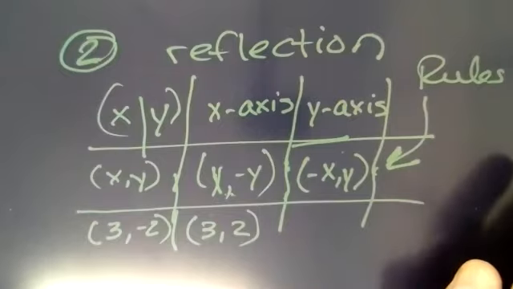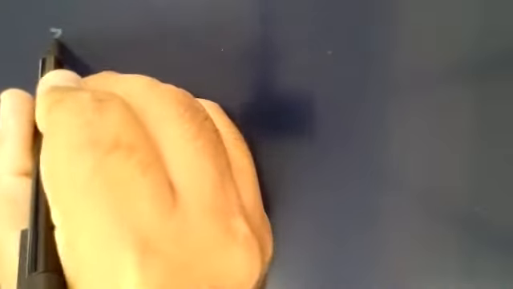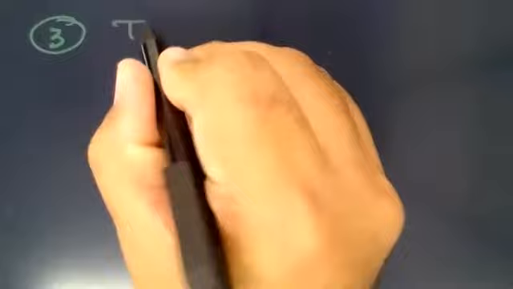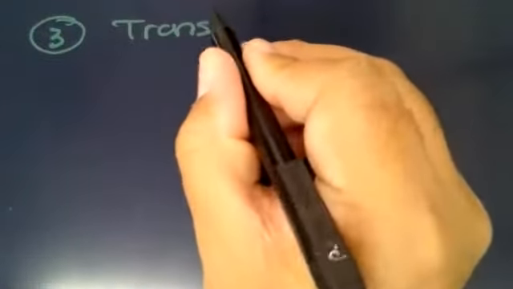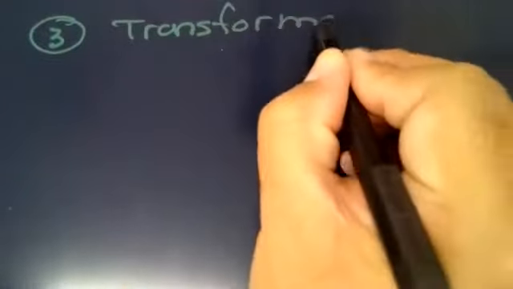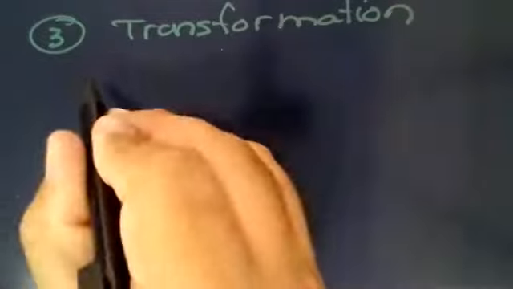For question number 3, it talks about the transformations. And it says, which of these is correct? Well, we talked about transformation. There are 4 types of transformations, right? What's the first type of transformation?